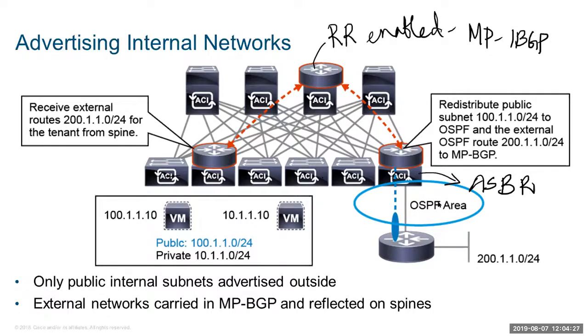From an OSPF perspective, this is an ASBR. It's actually taking the routes right here, which are internally IS-IS, and redistributing them here. The internal subnets are being redistributed. It's still an ASBR because it's taking the 200 into OSPF and redistributing to BGP.